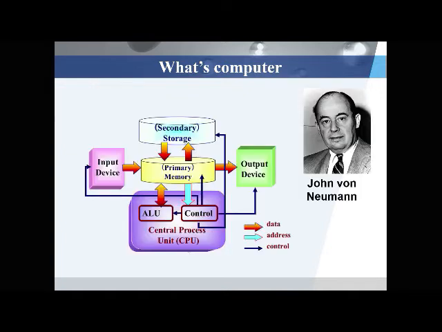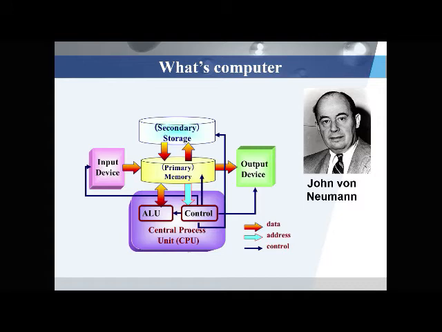If we define an abstract structure of the computer, it looks like this. It was actually defined by John von Neumann, who was a mathematician. This is the structure of modern computers.